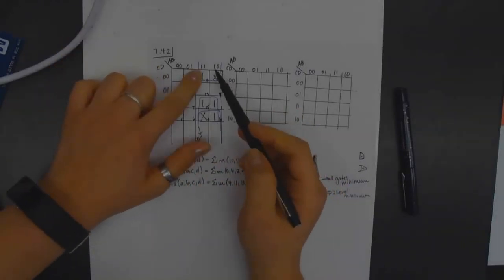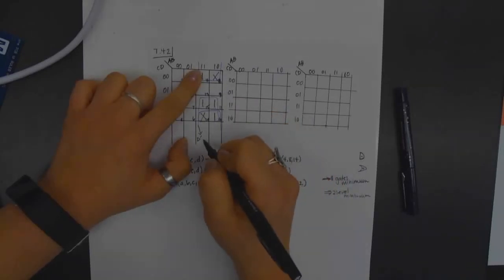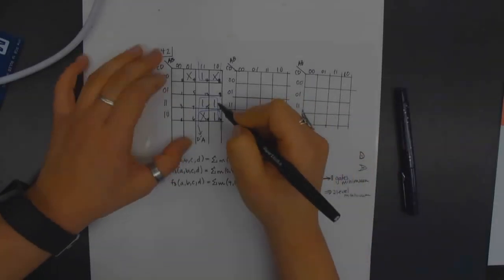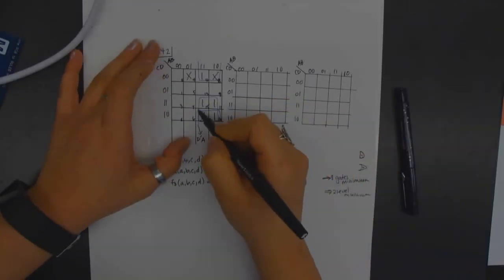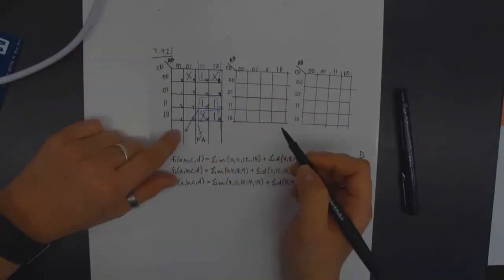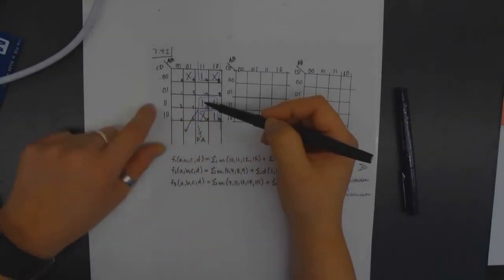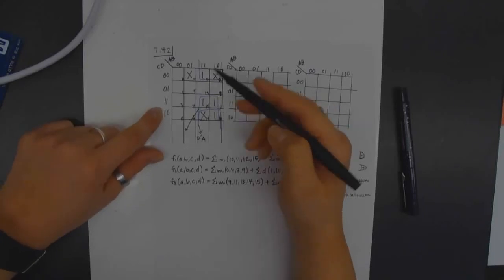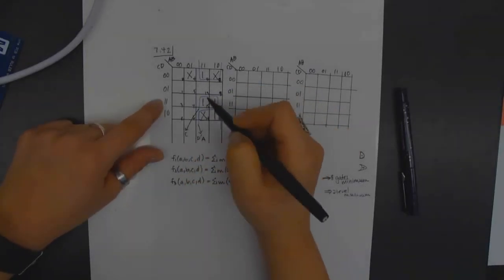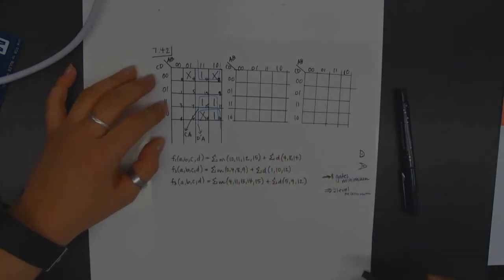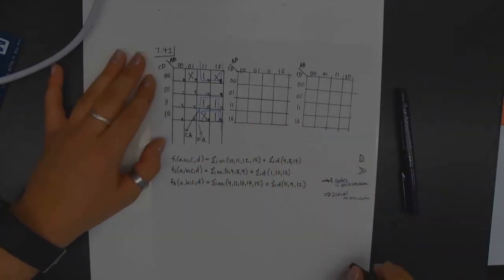And then over here we've got A not changing, and then in this guy here, we've got C not changing, and we've got A over here, it's the same. Cool.